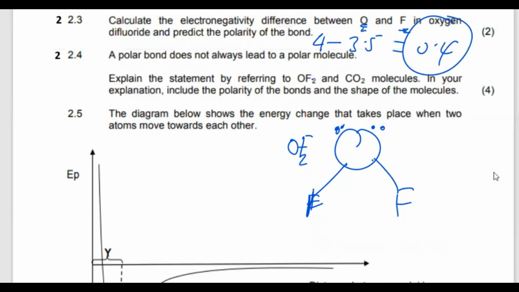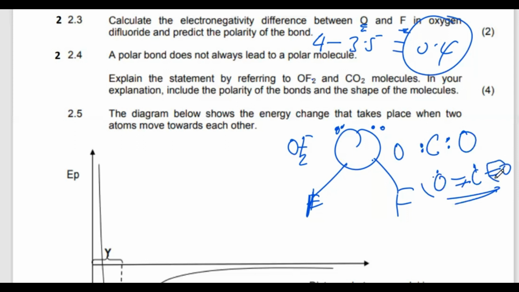While this one is going to be carbon, carbon, carbon, and then oxygen. So it's a double bond, meaning that oxygen is on that side. It's going to be like this. This is linear. It has no lone pairs. You understand? It has no lone pairs, while these ones are going to have lone pairs. So because of this, the force on this side and the force on this side are the same.